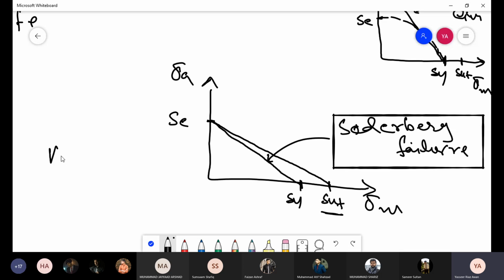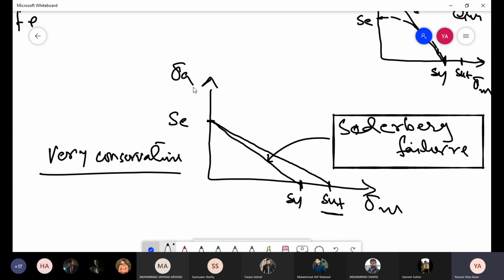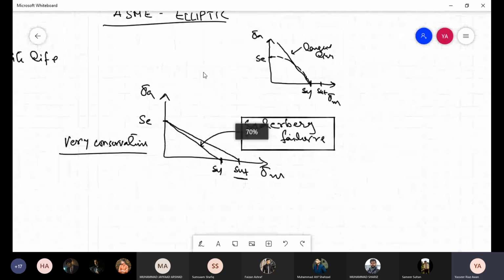But the problem with this is that it is very conservative. We have seen the experimental data generally lies above the modified Goodman line. Because this line is inside the modified Goodman line, it is even more conservative with respect to fatigue. So it is very seldom used, but for comparison's sake, we have this fatigue failure criterion as it is generally found in literature.